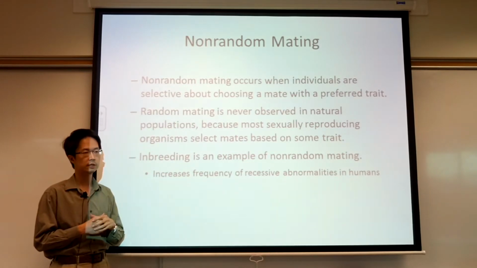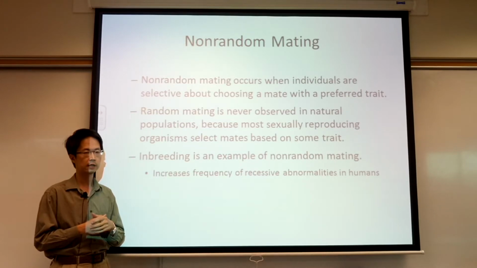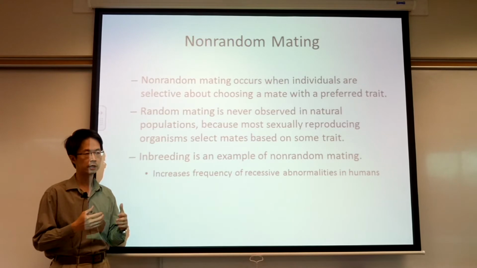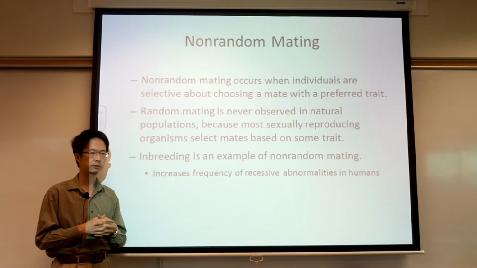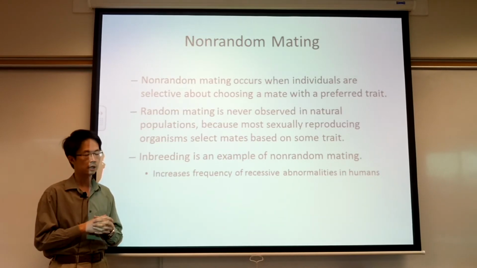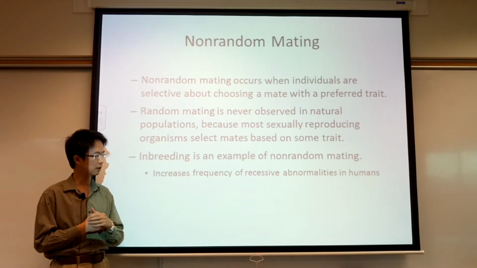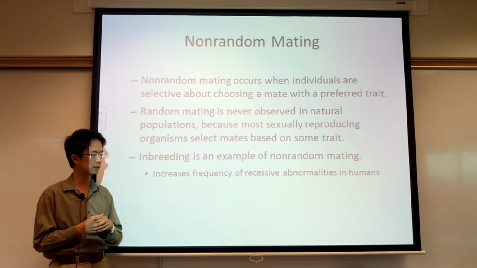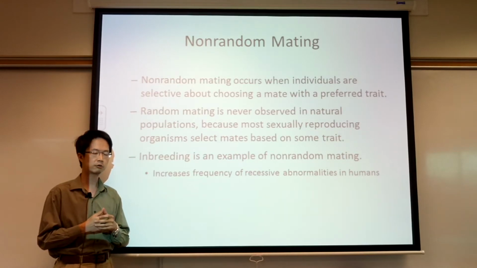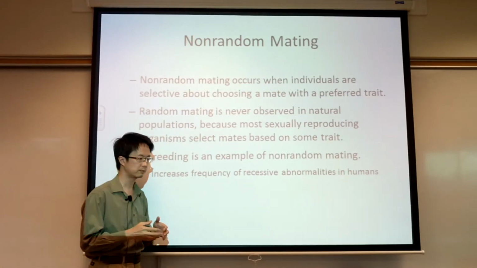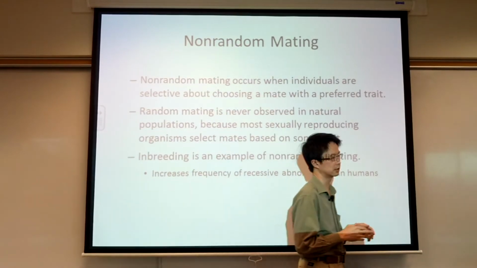An example of inbreeding, you can find in the royal family. They like to marry other royal families to preserve their royal blood, and that causes an issue because it increases the frequency of recessive abnormalities in human beings, meaning that the recessive allele cannot be covered up by the dominant allele.